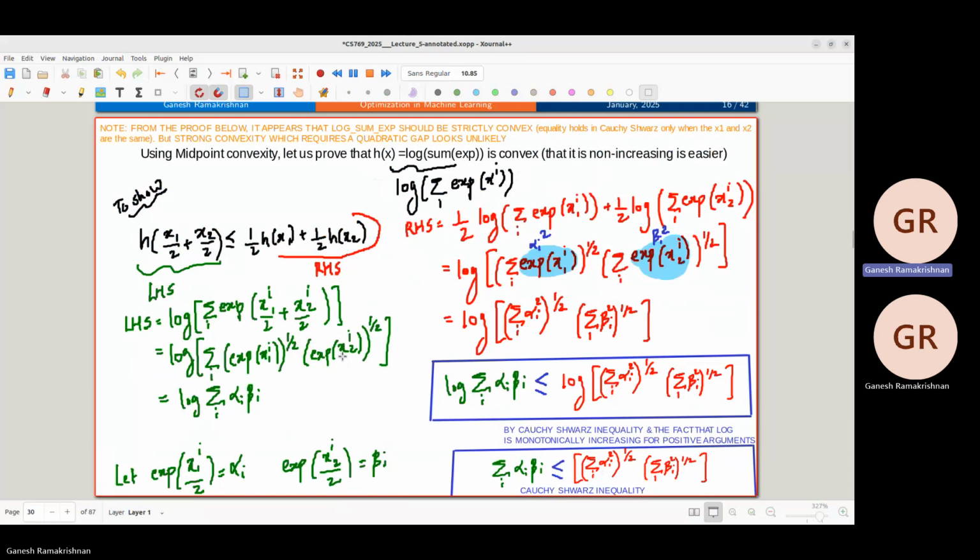The sum of exponentials on the exponents becomes a product of the exponentiated terms, right? So I'm going to just denote this term: exp x1 i, the whole raised to half, as alpha i. Similarly, exp x2 i, the whole raised to half, as beta i. Okay, that's what I've written here.